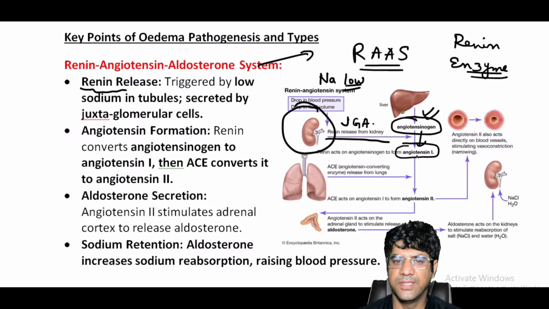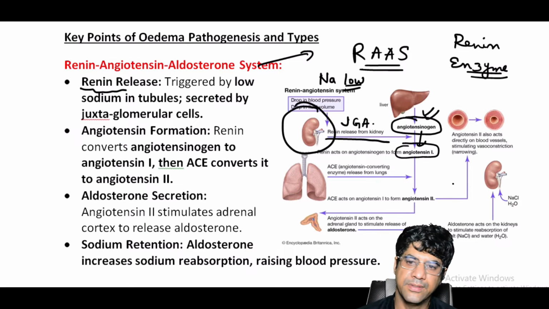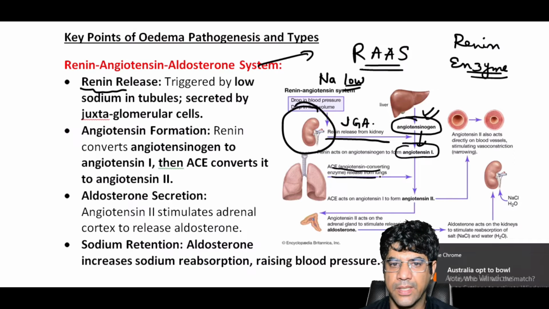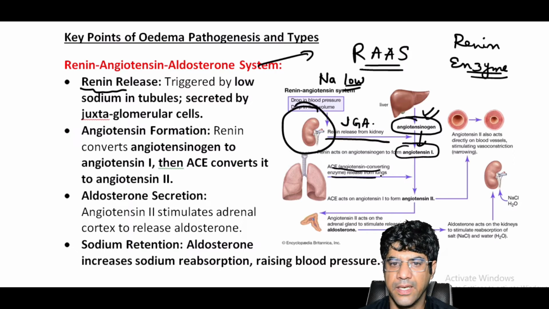Angiotensin 1 travels through the blood to the lungs and the kidneys, where an enzyme called ACE, that is angiotensin converting enzyme, converts it into angiotensin 2.